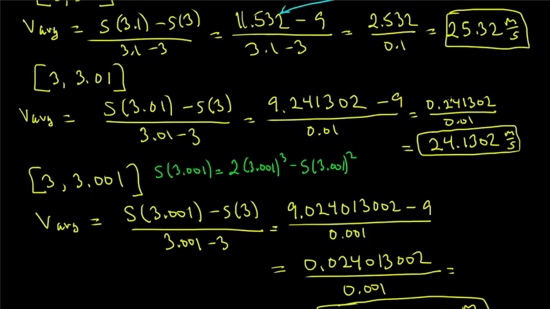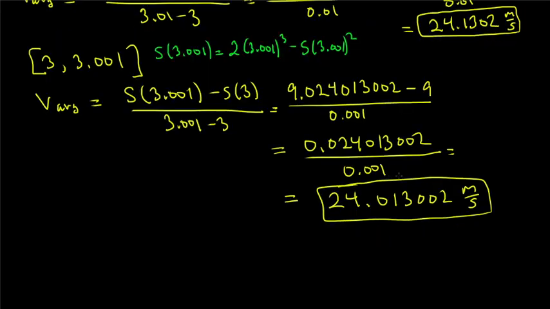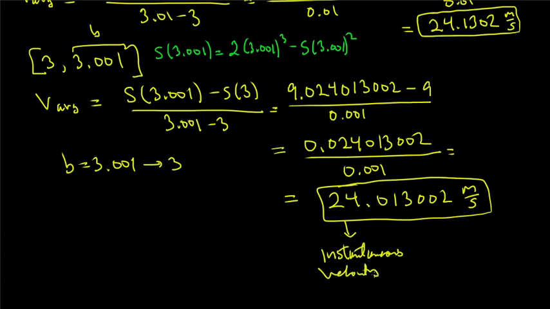You probably already saw the pattern, but now it's even more clear. So the closer this second time, this b, which in this case was 3.001, gets to 3, the closer the average velocity gets to 24. And then that becomes the instantaneous velocity, which we already know turns out to be exactly 24 meters per second.